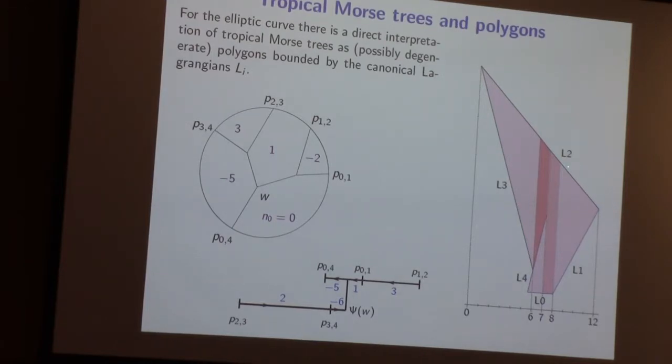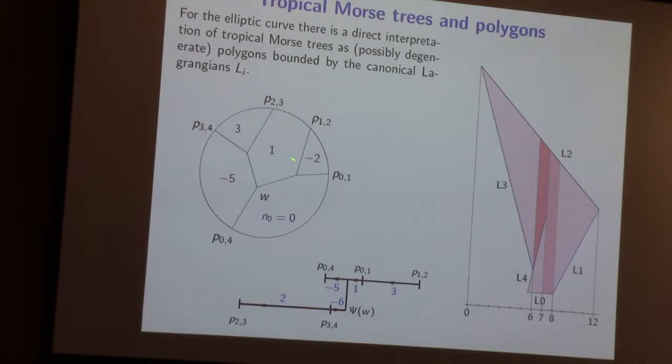So this is a slightly intimidating slide, I think. Let's go through this slowly. There's a 1-1 correspondence between tropical Morse trees and certain polygons, and that's really the motivation for our definition. It's just a discrete way of writing down these polygons in the elliptic curve, bounded by these Lagrangian sections that are really just these lines wrapping around your torus. I'm trying to draw a ribbon graph here, conveniently embedded into some disk.